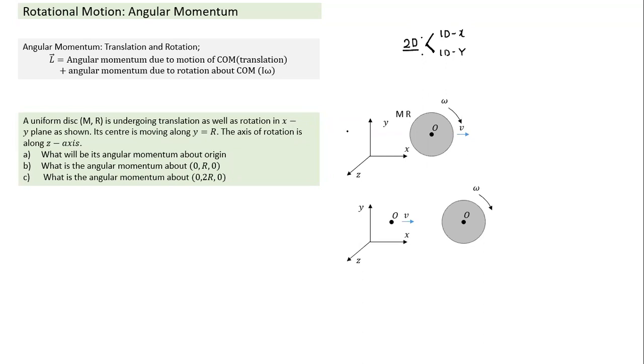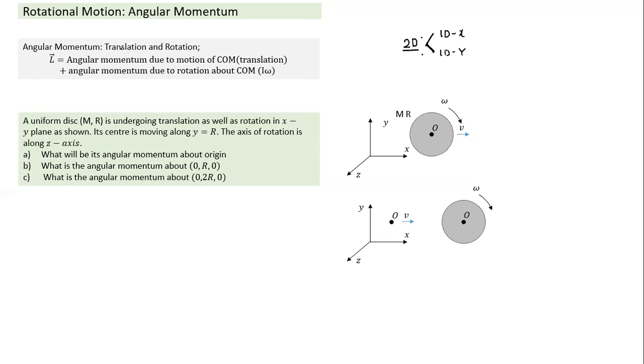We take the motion of the center of mass, and we don't look at the rest of the object. A point itself cannot have rotation, it always has translation. So we look at the translation of the center of mass, and then a second part. Here we split into X and Y components; in this case, we split into translation of the center of mass and rotation about the center of mass.